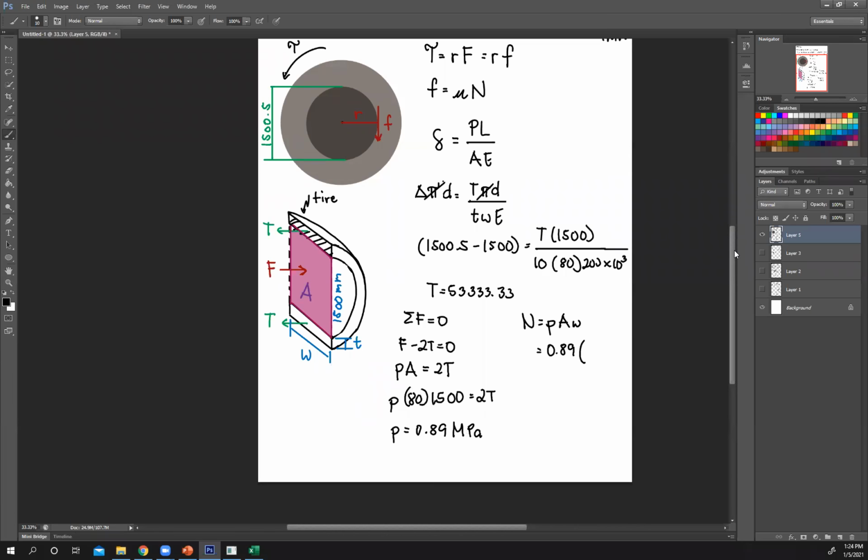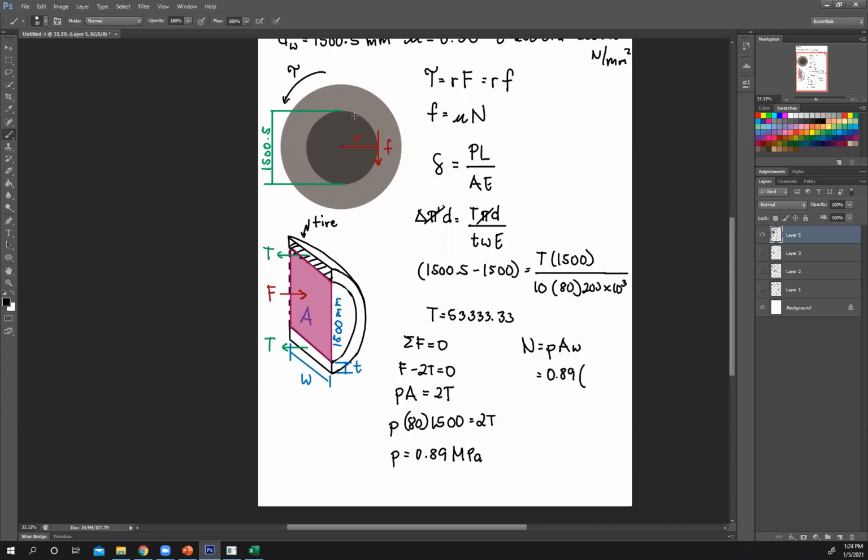Area of contact. So area of contact on the wheel would be circumference, right? Times its thickness or times its width, right? Yeah, if this is your wheel, so times its width. So circumference, pi d.